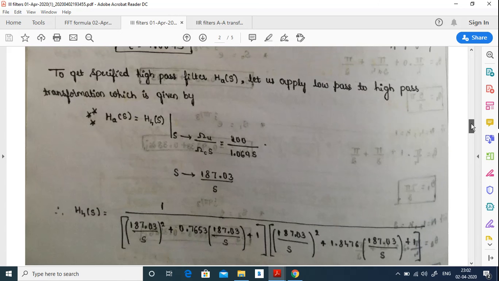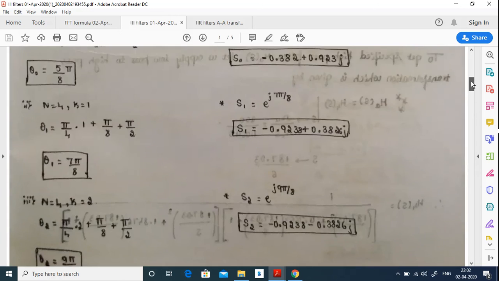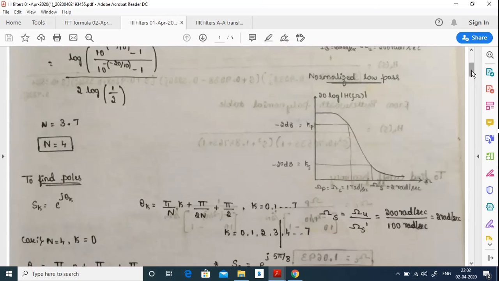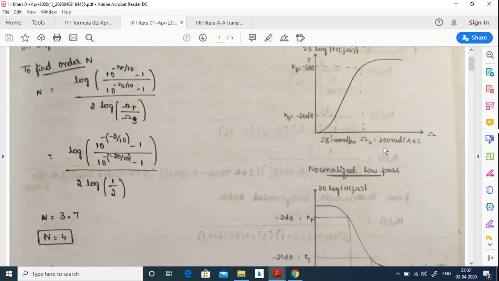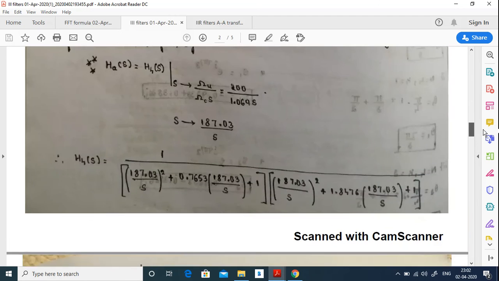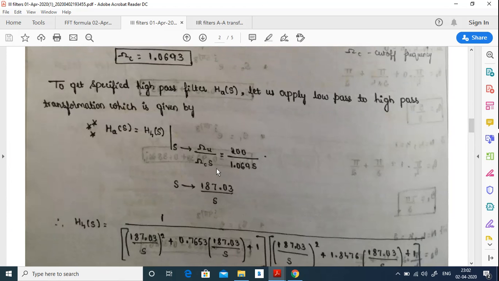Have they given you the value of upper cutoff frequency? See here, omega u value. That is this value, right? Omega u divided by omega c into S. Omega u is 200, which was given, omega c, which we have found just now, into S. So if you now further simplify, you will get S has to be replaced by 187.03 divided by S.